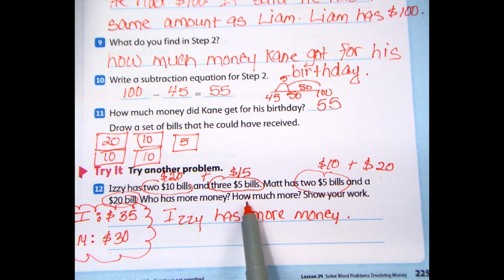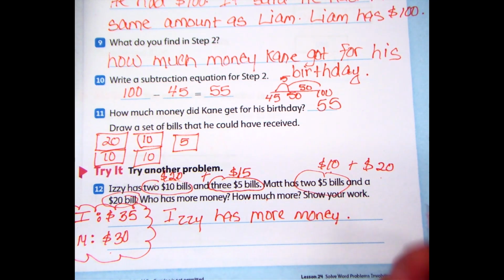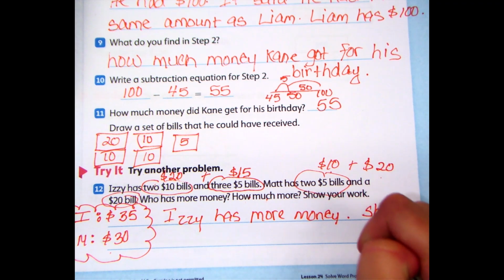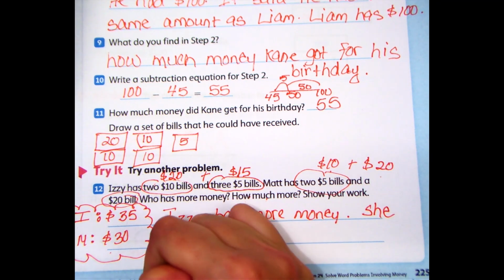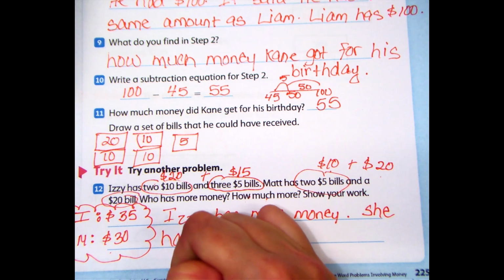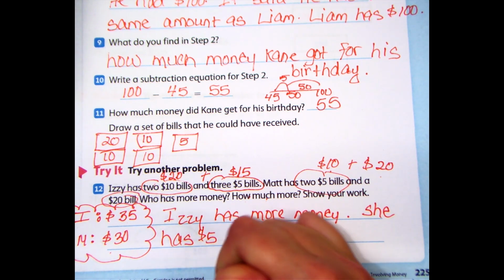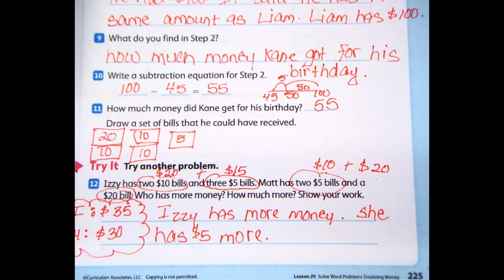Our second question, how much more? Well, how much more does she have? She has $5 more. Okay, and it says to show your work, which we did up here. We wrote out our problem and our answer.